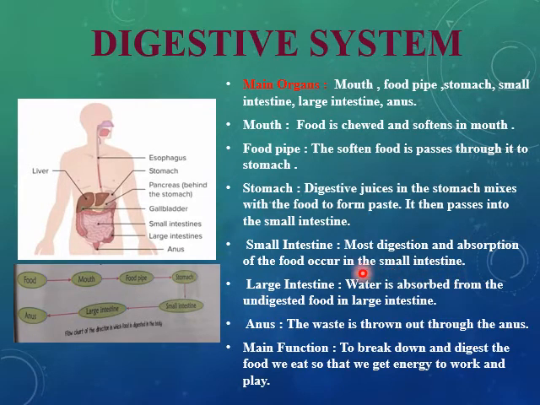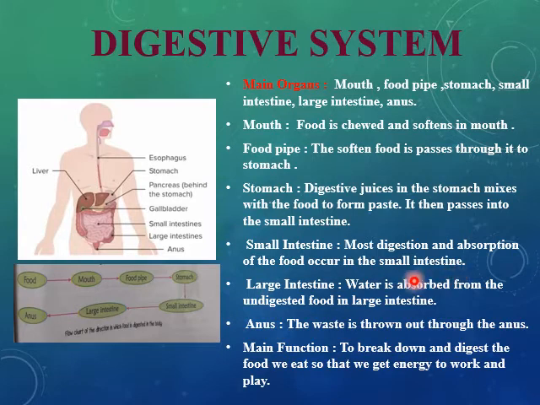Here in the small intestine, again the digestive juices mix with the food, and most of the process of digestion is completed here, because absorption of food also occurs in the small intestine and digestion also occurs in this small intestine. So it is given: most digestion and absorption of the food occur in the small intestine.